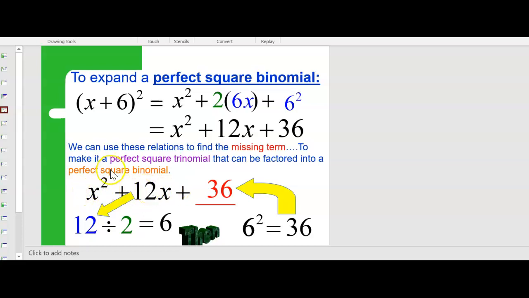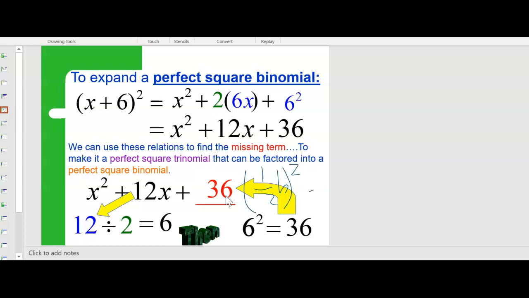Here you have x squared plus 12x, and you want to know what single number on the back you create that can make a perfect square there. So what is the single number on the back? Let's write it down. We know the single number on the back is 1/2 of b squared. Okay.